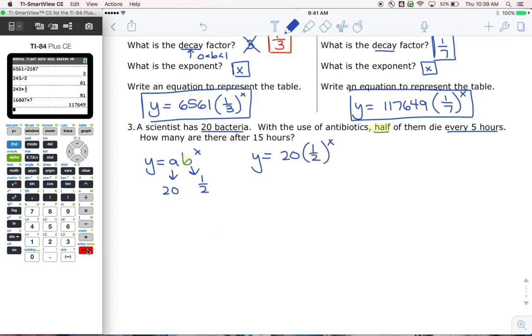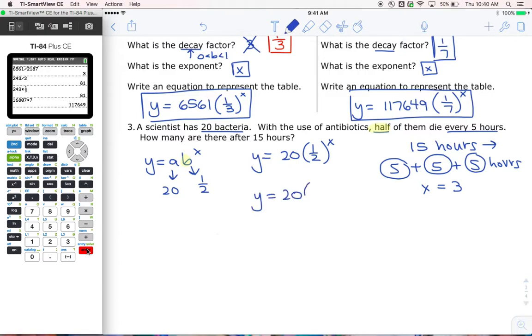Now, if half of them die every 5 hours, and I'm looking for how many there are after 15 hours, think about this. 15 hours is going to be 5 plus 5 plus 5 hours. So x is equal to 3. We have 1, 2, 3 cycles of 5 hours, so we can only use 3 as our x.